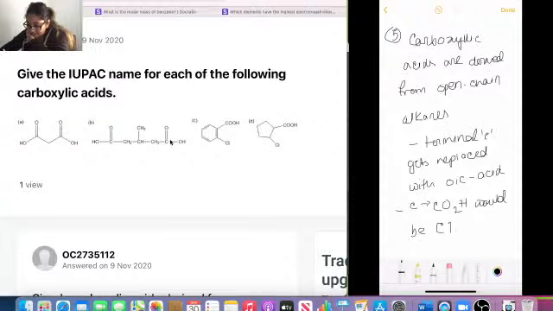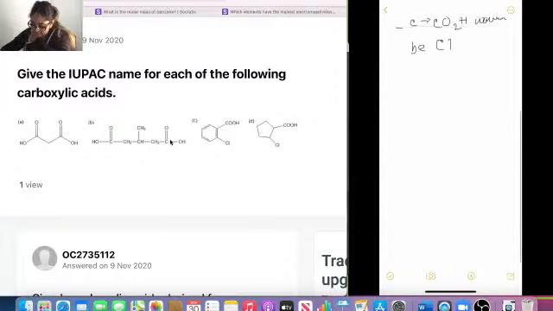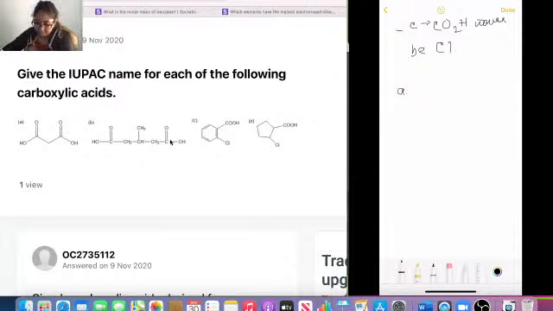And okay, so we can see here that for A, let's draw out A. We have 2 carboxylic groups, and any of them can be carbon 1, since they're attached to CO2H.